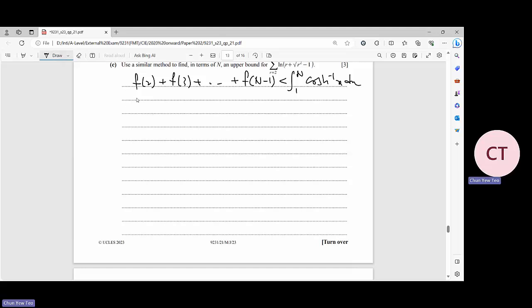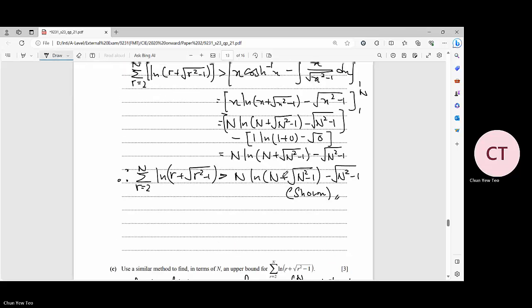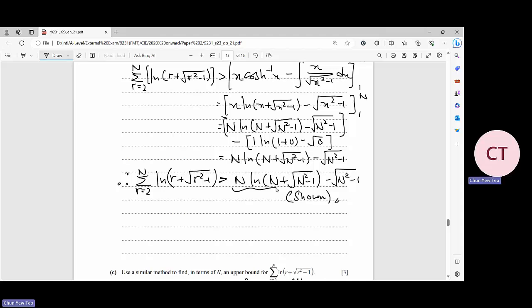So this one you can just write down as the sum, r equal to 2, until n minus 1 only. So it is less than this one from part B. From part B, we know the result is this. Just copy down only.